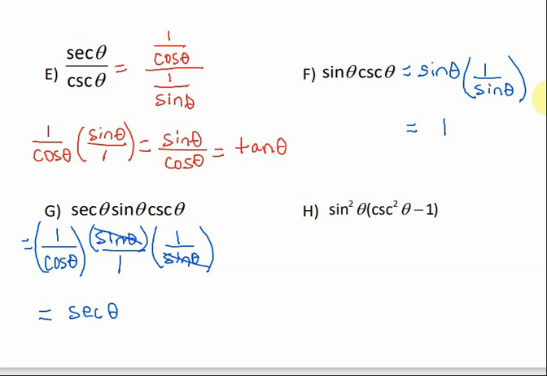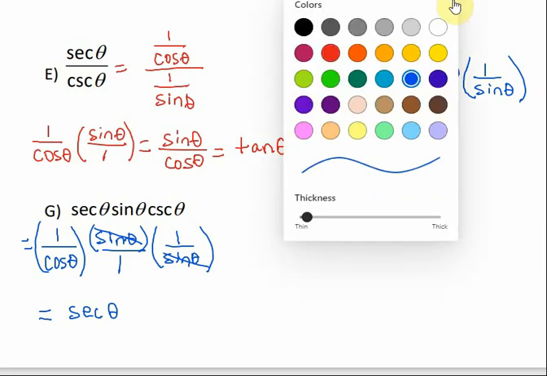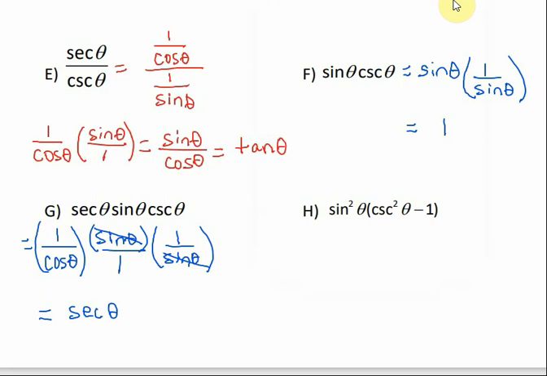All right, for H, I see some squares, so let's see if we can relate this to a Pythagorean identity. Let me write that one out. The Pythagorean identity with cosecant of theta is 1 plus cotangent squared theta is equal to cosecant squared theta.